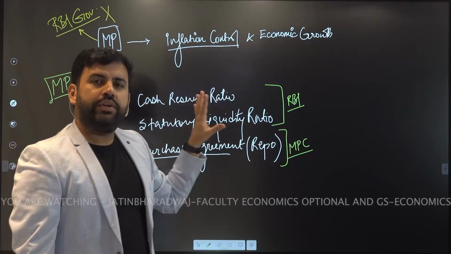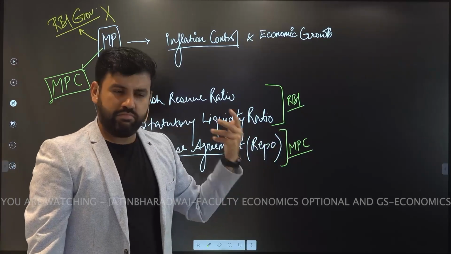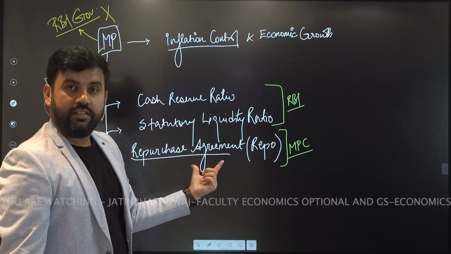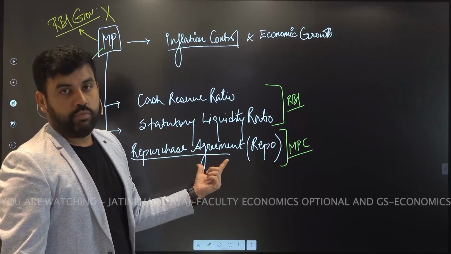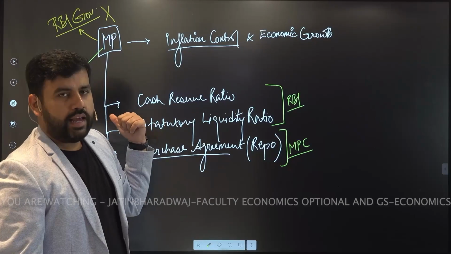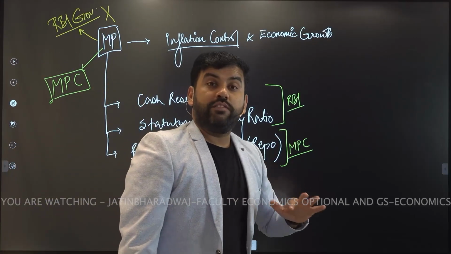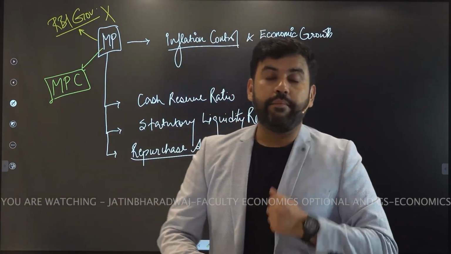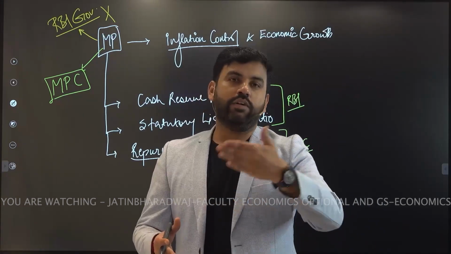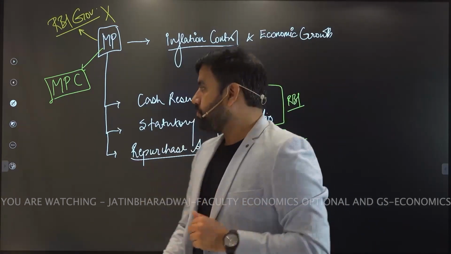They change very rarely. Sometimes once in a year, sometimes twice in a year. On the other hand, this might change every 2 months or may continue to be the same. That's the choice of the MPC. So let's start with the Monetary Policy Committee, the committee which decides repos or the repurchase agreements, and how these repurchase agreements later change the overall scenario.